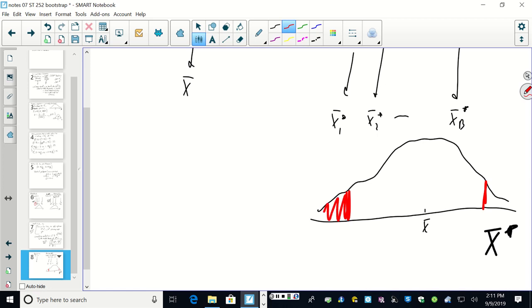And so we choose a value here and a value here that leaves about 95% in the middle. So this would be the 2.5th percentile, and this value up here is the 97.5th percentile.